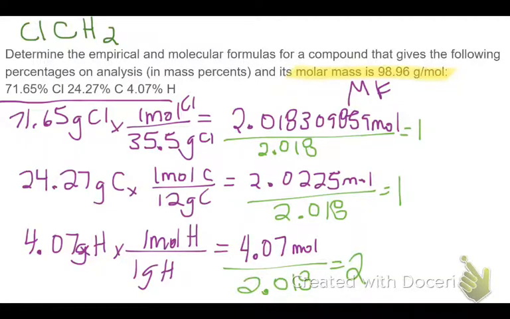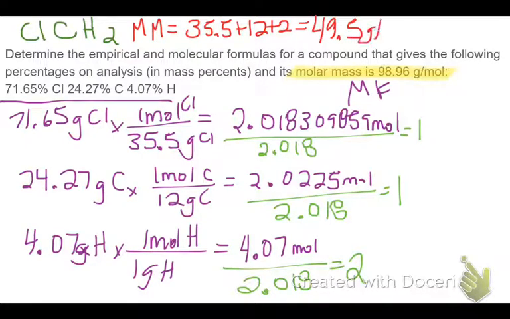So we have 1 chlorine plus 1 carbon plus 2 hydrogens, and we end up with a molar mass of 35.5 plus 12 plus 2. That's the mass of chlorine plus the mass of the carbon plus the mass of the 2 hydrogens, which is 49.5 grams per mole. So the empirical formula weighs about half of the actual molecular formula's molar mass.